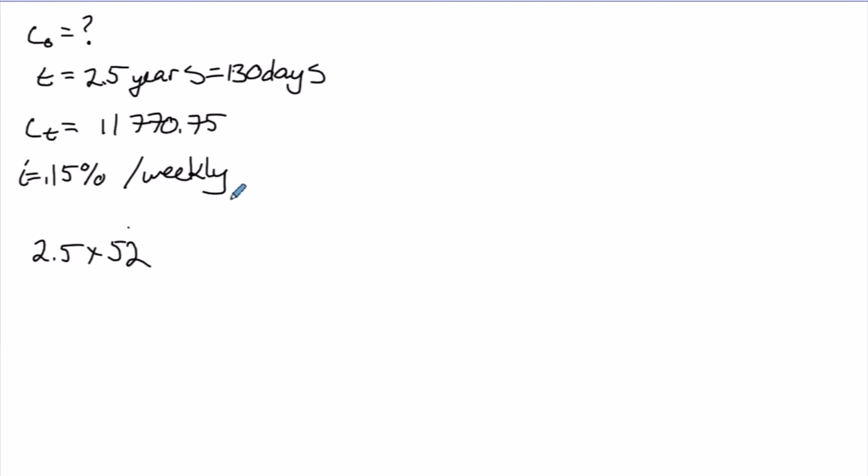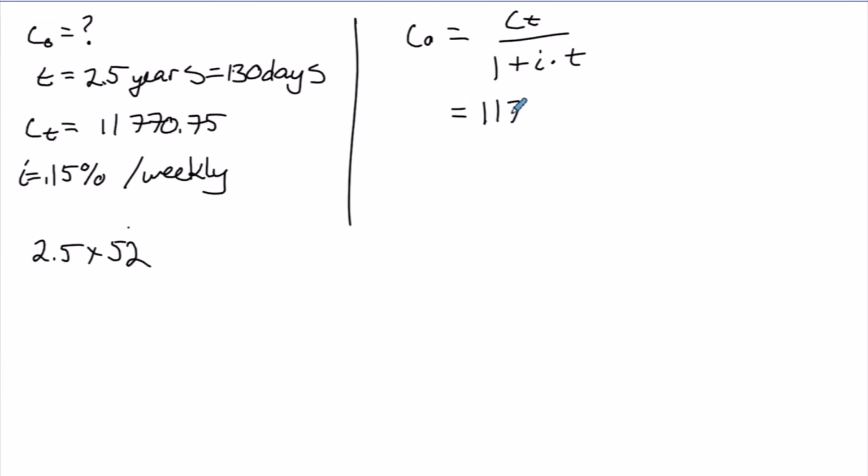So if we're trying to find C0, we're going to use our formula for C0, which is CT divided by 1 plus I times T. CT is 11770.75 divided by 1 plus I, which is 0.15.